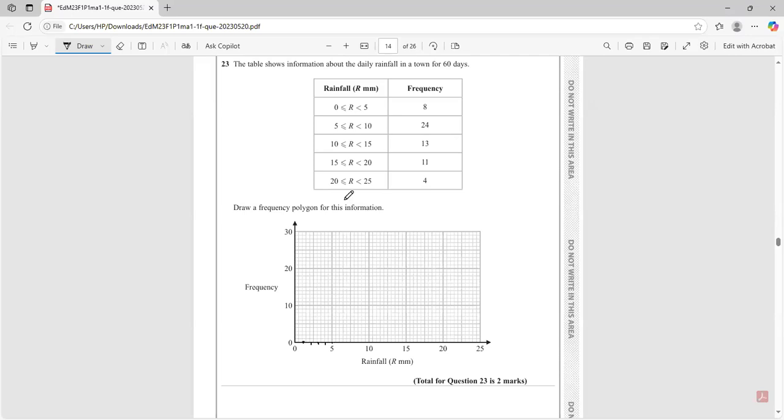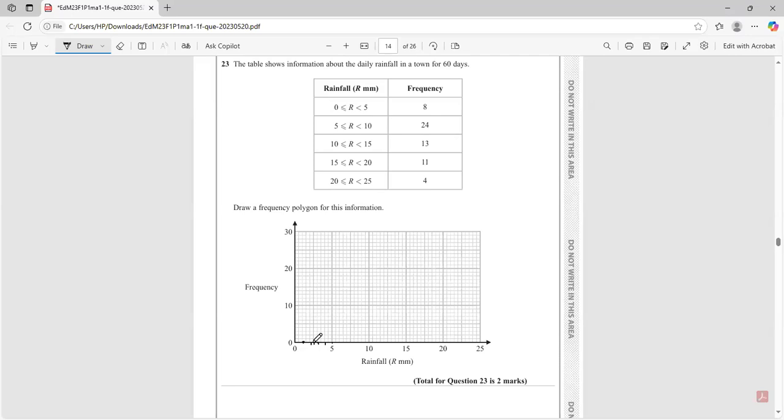The midpoint of 0 and 5 is gotten by 0 plus 5 divided by 2, which is 2.5. So 2.5 is between 2 and 3, somewhere here. So that's going to be this point.